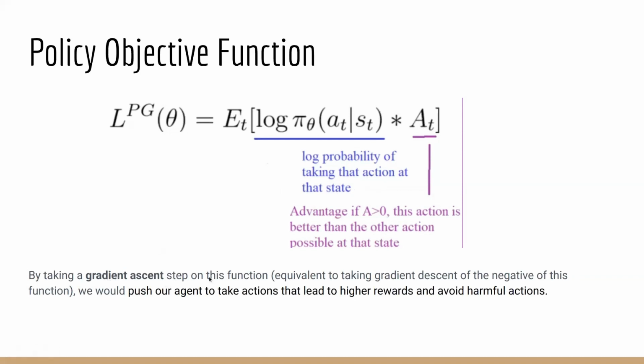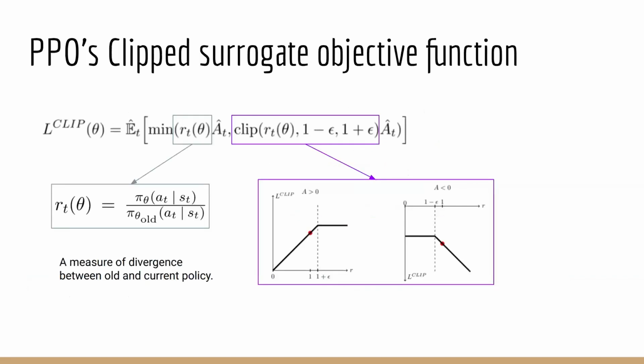So if we take a gradient ascent step on this function, we will maximize our expected return, and gradually we'll get to higher and higher rewards, ideally. With the improvement from PPO, we can make this algorithm more stable by adding the clip function.